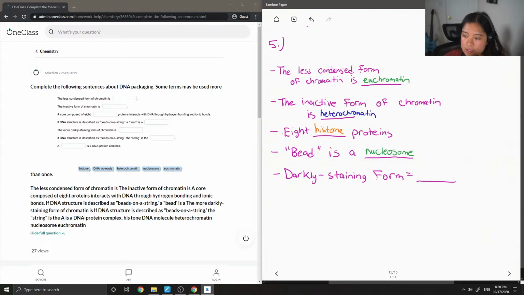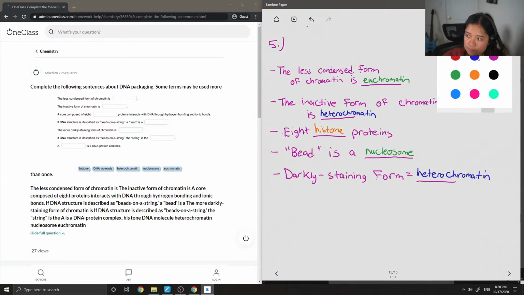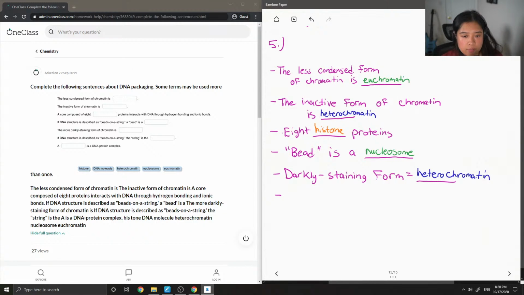So for this answer, it is also heterochromatin. So this one is similar to the beads on a string, but this time the string is the blank.